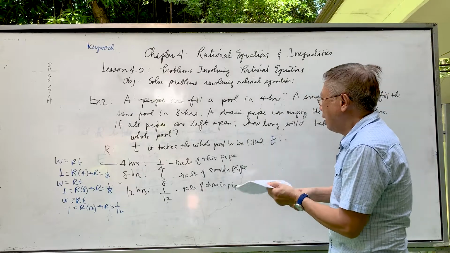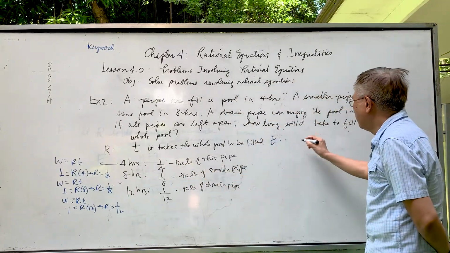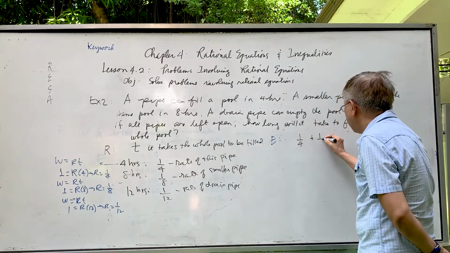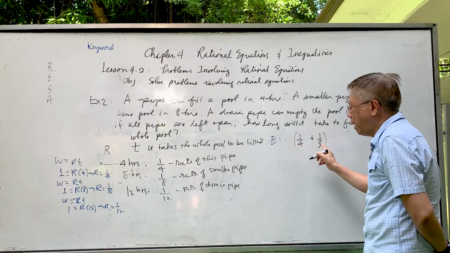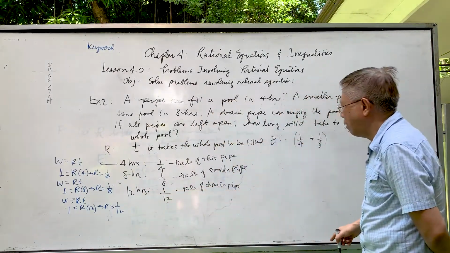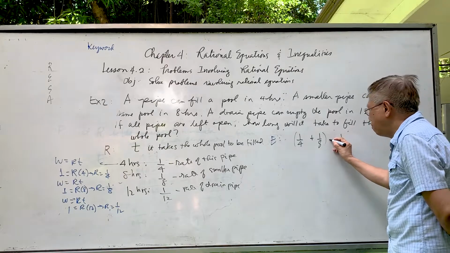So, if these two pipes will work together, this will be the combined rate. Combined rate for these two pipes. The intake pipe and the output pipe or outlet pipe will be 1 over 12, and this will be minus.